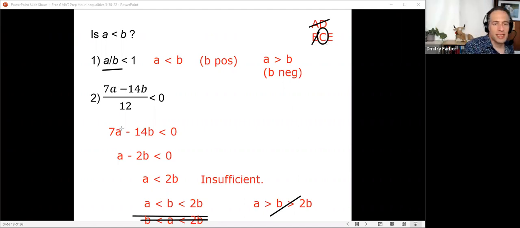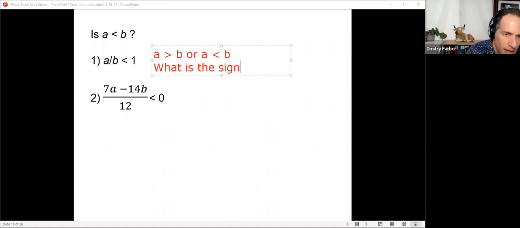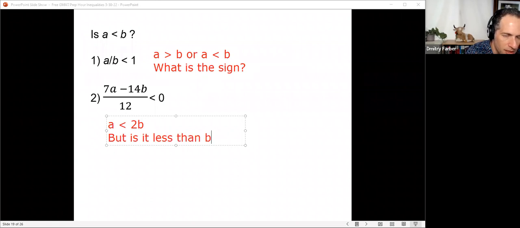Because what this does sneakily is it eliminates one of our 2 cases, right? We have 2 cases here, right? So here, let me clear this a little bit. If we look at this as, hey, A is greater than B or A is less than B, what is the sign? And then if we look at this one and say, hey, A is less than 2B, but is it less than B?